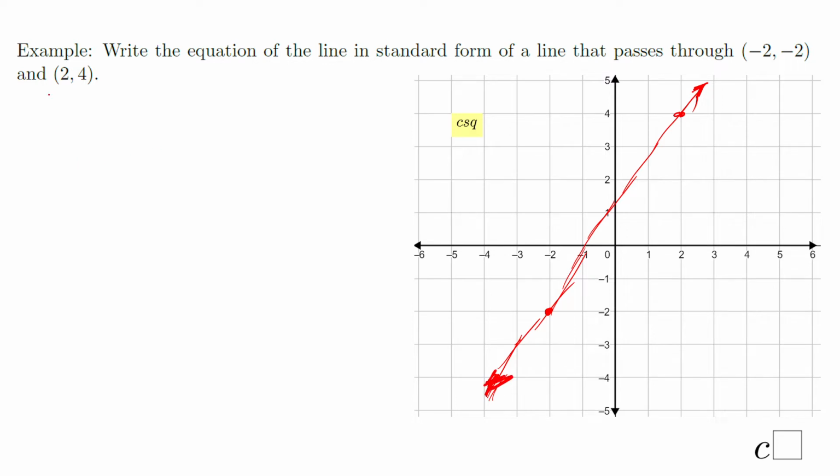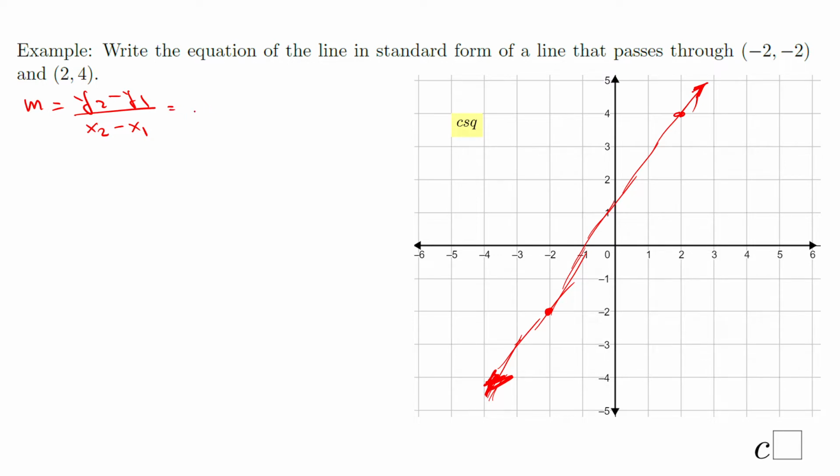For that reason, the first thing I'm going to use is the slope formula, y2 minus y1 over x2 minus x1. We have these two given points. Let's say the first point is (-2, -2), and the second point (2, 4).